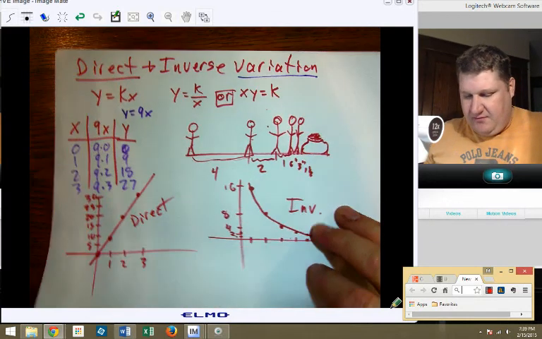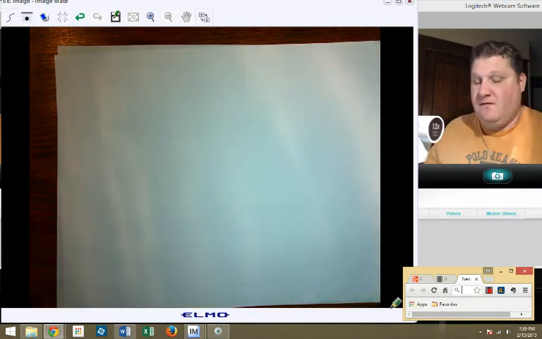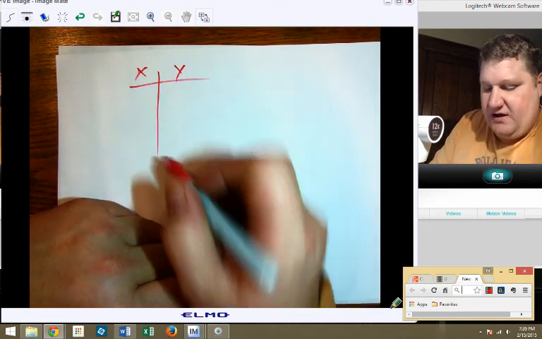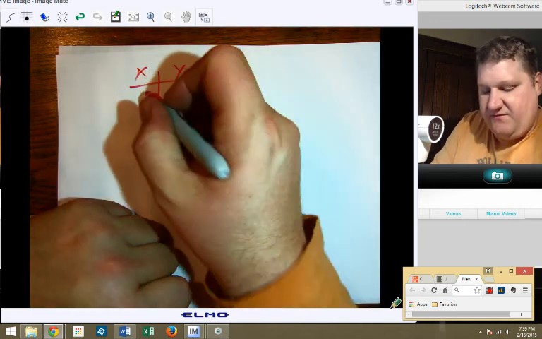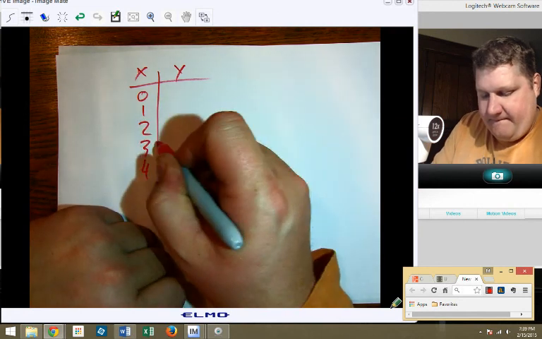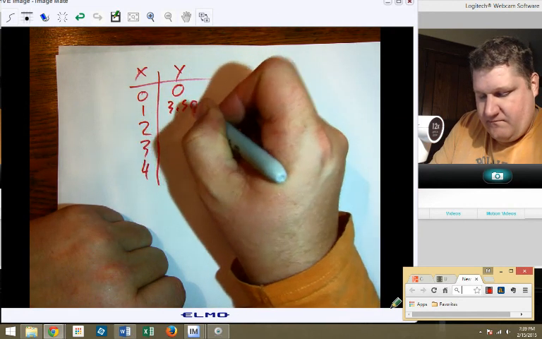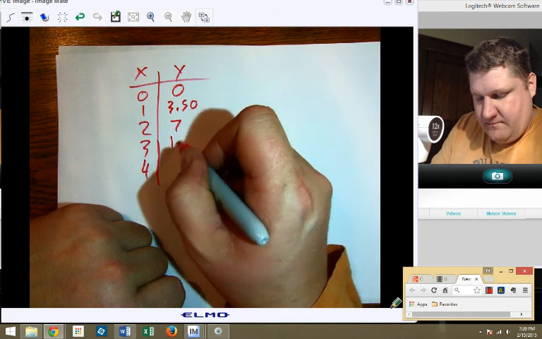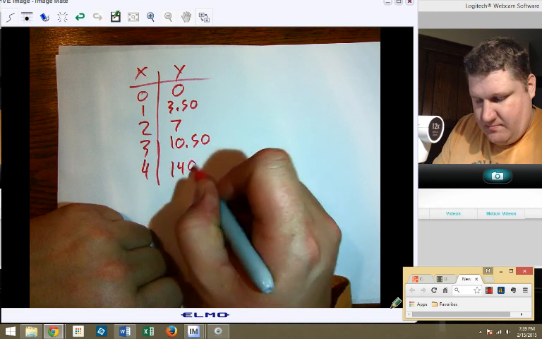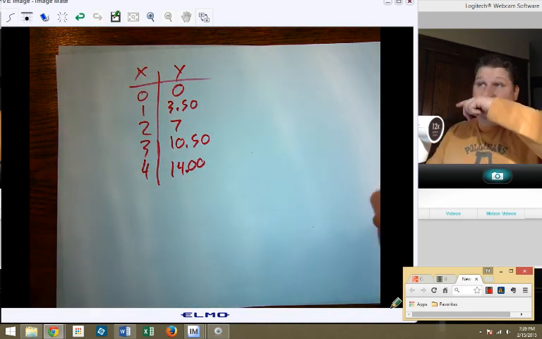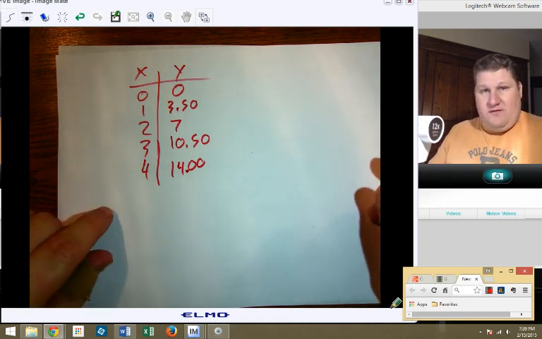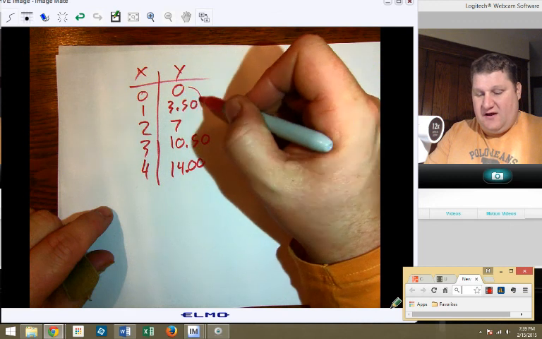The other type of problem we might want to do with this is, if I have a box, I know x and I know y, instead of being given the equation and having to find the y's, let's give you the y's. If I give you this, the question becomes, is it direct or is it inverse? The easiest way is to ask, how did I get from here to here?